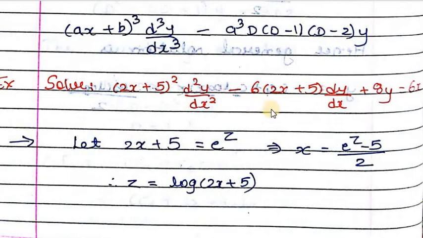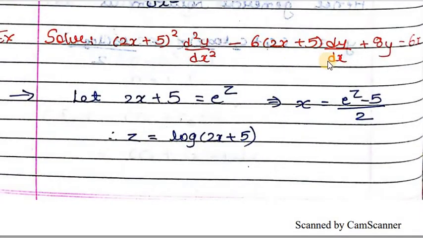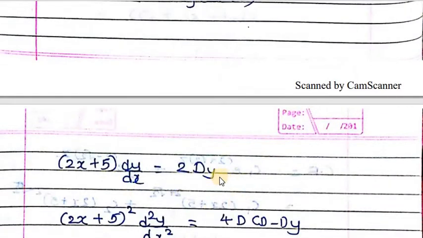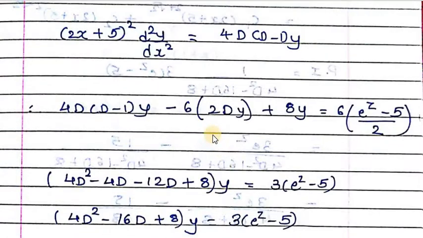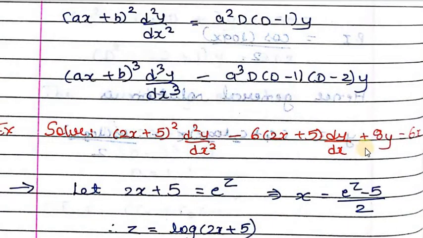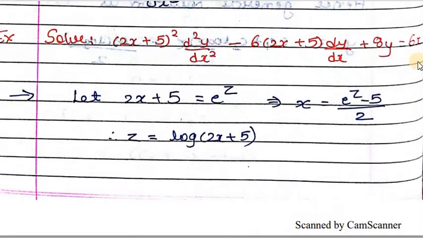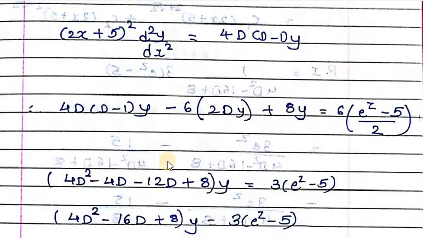Then minus 6 will be as it is, and (2x+5) dy/dx becomes 2Dy, and finally plus 8y, which equals 6x, replacing x by (e^z minus 5) divided by 2.